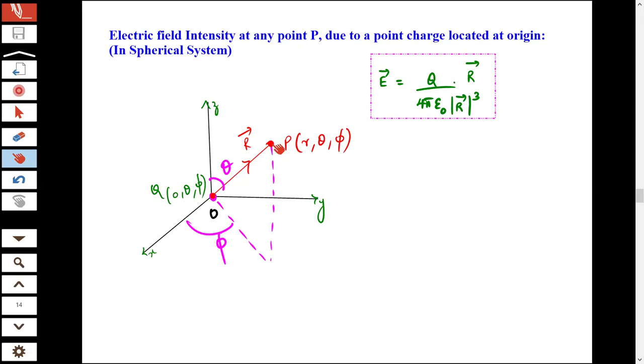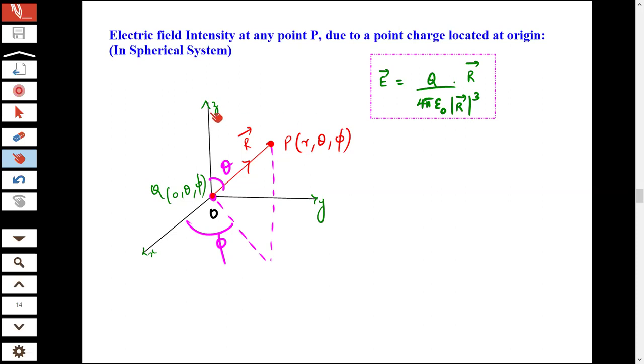But the only difference will be when we move in the radius far away from the charge q. Then, when we move farther and farther, the charge q appears to be smaller and smaller. So when the point P is moved in terms of r, the magnitude of electric field intensity is going to change.